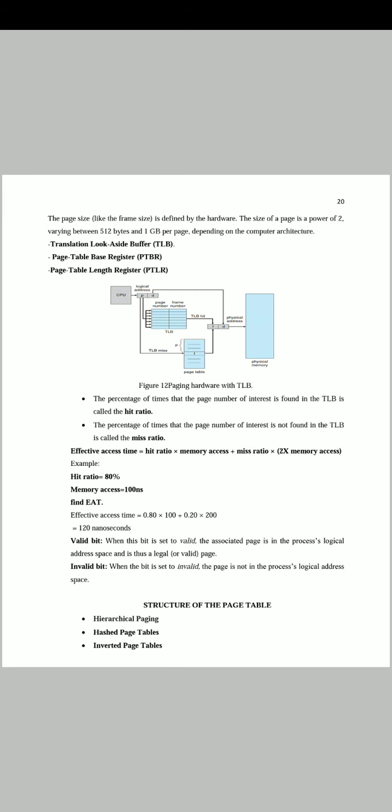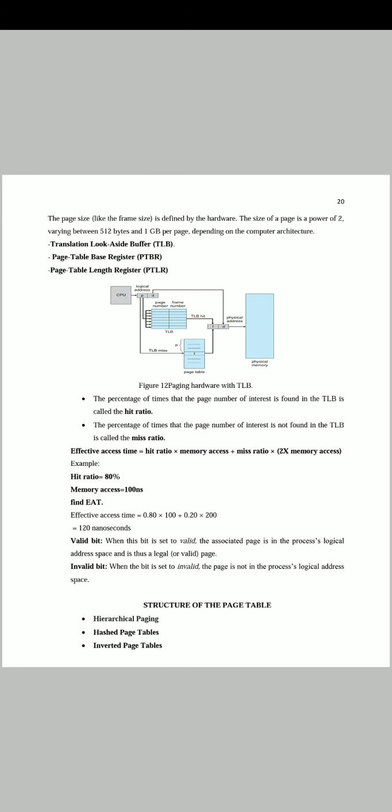He has given one example of how to calculate the effective access time. Effective access time is calculated with the help of this formula: hit ratio into memory access plus miss ratio into 2 times memory access. I'll tell you why 2 times.